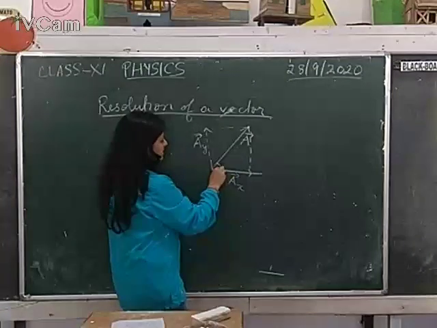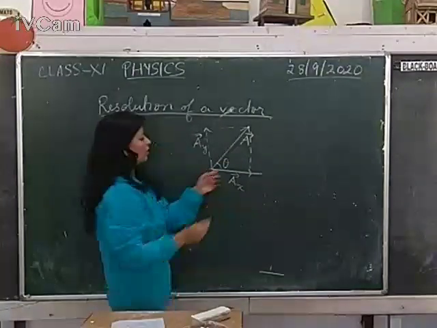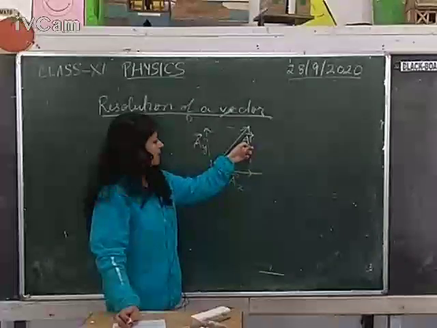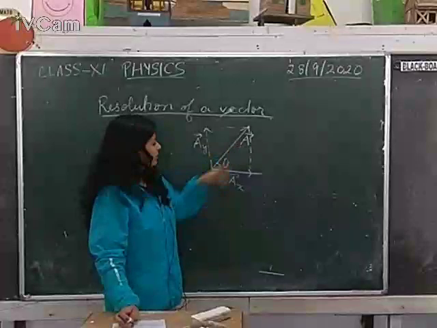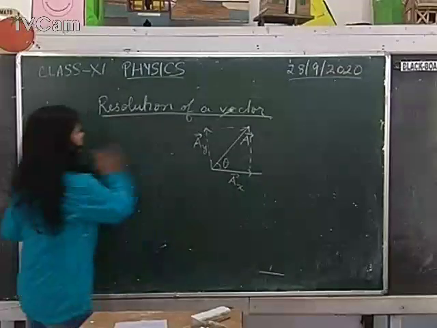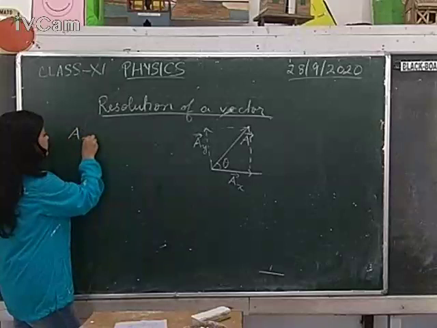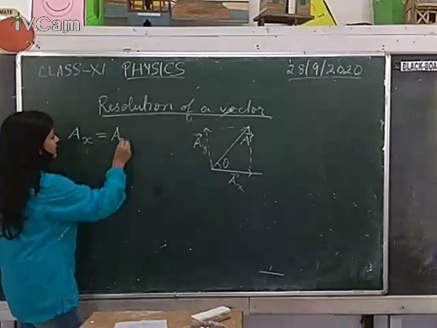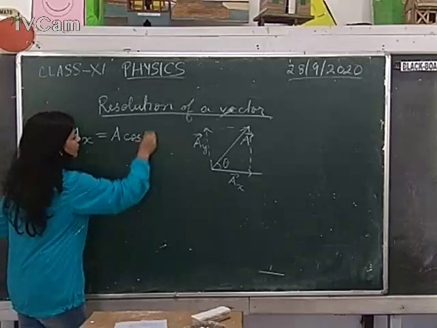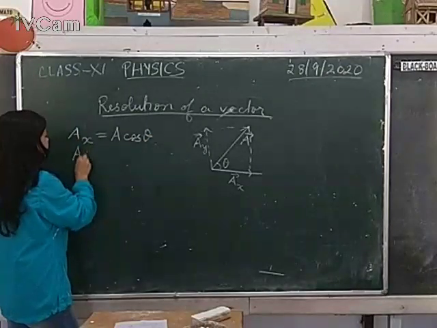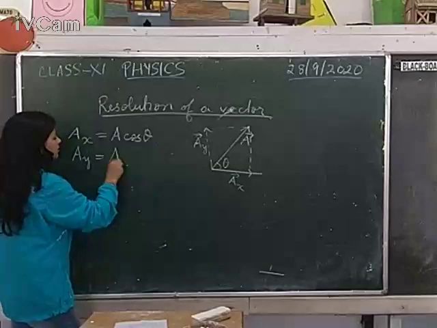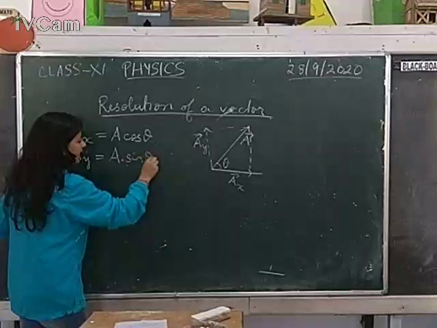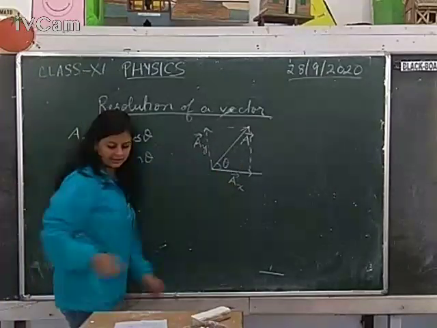Suppose theta is the angle between the horizontal line, that is the x-axis, and the vector that we are going to resolve. Then ax will be equal to magnitude of the main vector A, cosine of the angle, and ay will be equal to magnitude of the vector A into sine of the angle between this A and the horizontal line.